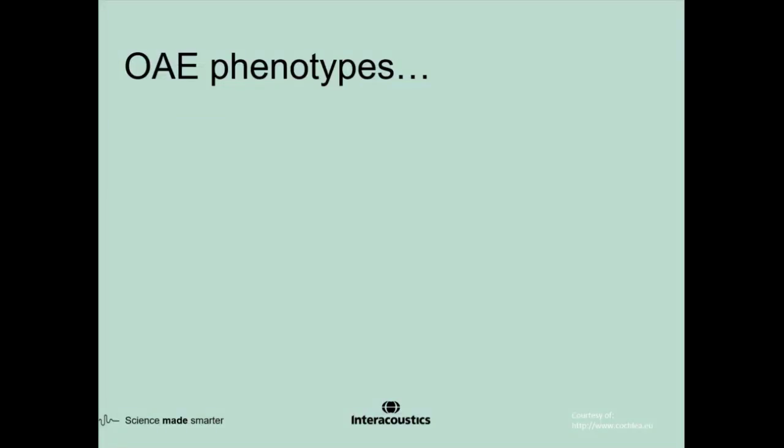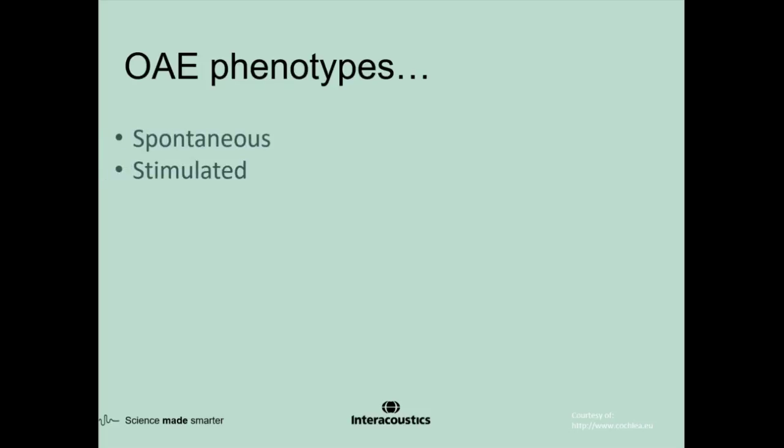What I would like to do then is to look at the various phenotypes. We have a baffling number of acronyms that are used to describe otoacoustic emissions, and I'd like to go through what the various types are and how we've come to arrive at those. Broadly, we can categorize them into spontaneous emissions and stimulated emissions.